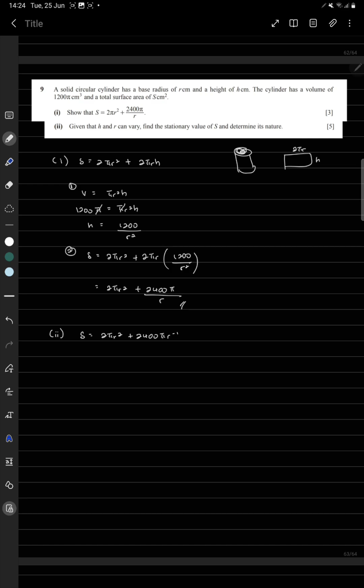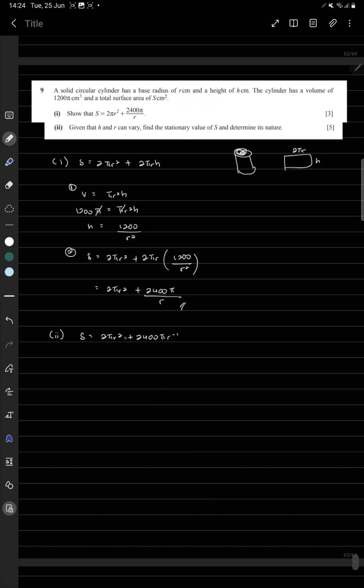Since we want to find the stationary value of s, we need ds over dr to be equal to 0, right? But we need to find the value of r first. So ds over dr is going to be equal to 4 pi r minus 2400 pi r to the negative 2, so instead I'll write this over r square. So then ds over dr is equal to 0.